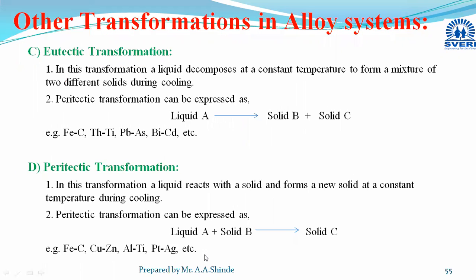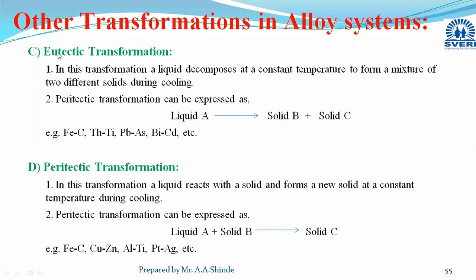Now in the same way, eutectic transformation. In eutectic transformation, one liquid decomposes at a constant temperature to form a mixture of two different solids, here indicated by solid B and solid C. Liquid decomposes during the cooling process at a constant temperature, and it gives a mixture of two different solids.